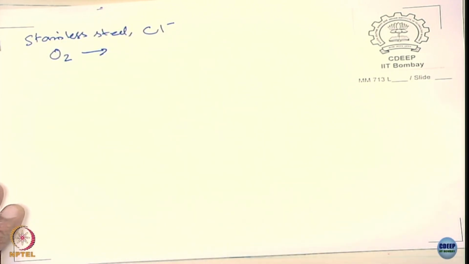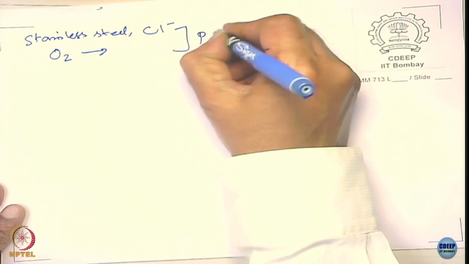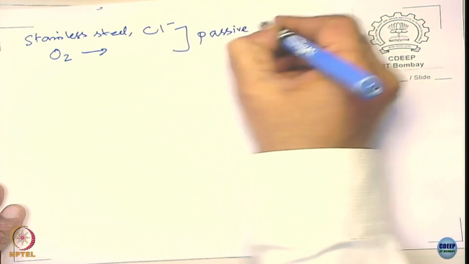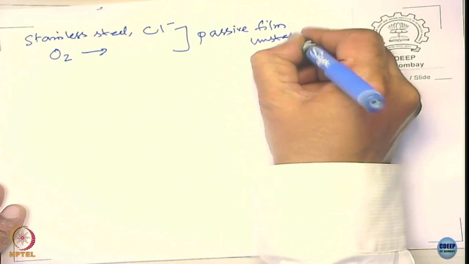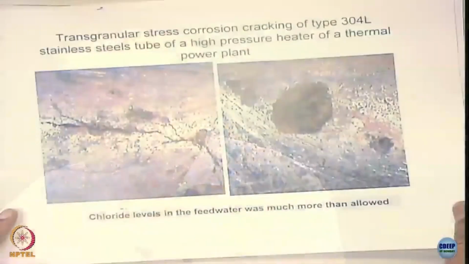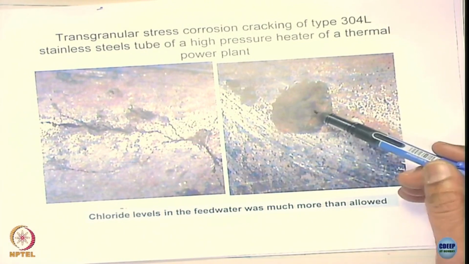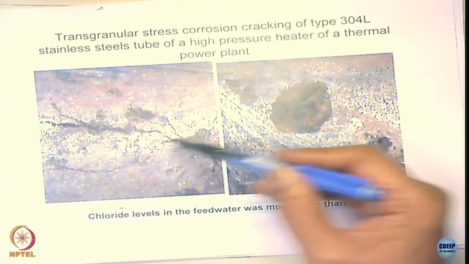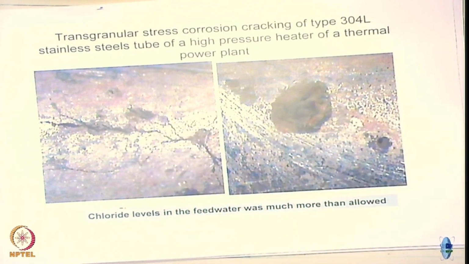You have chloride, you have oxygen, both of them make the passive film unstable. You can see that there are pits, and the pits become the place of the crack initiation.